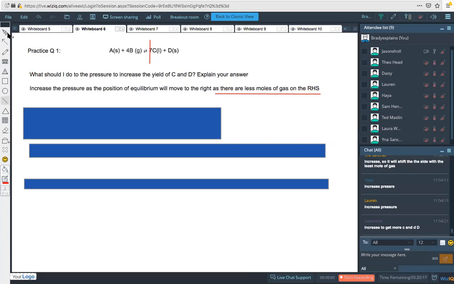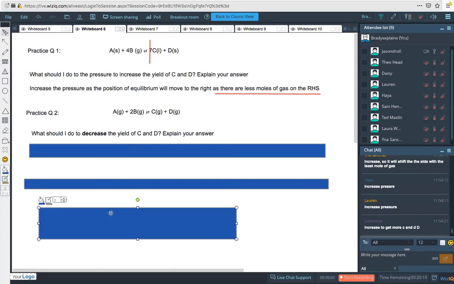Perfect. Let's just try one more practice with pressure then, and then we'll do catalysts and we'll call it there, I think. So last one then for pressure. Now be careful here, notice this word in bold. What should we do to decrease the yield of C and D? Explain your answer.